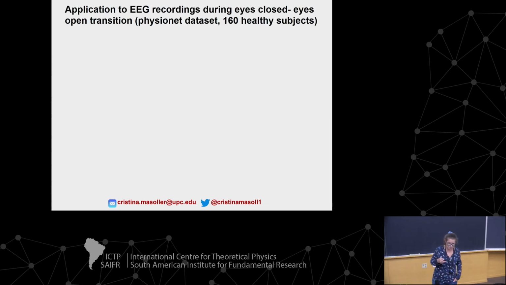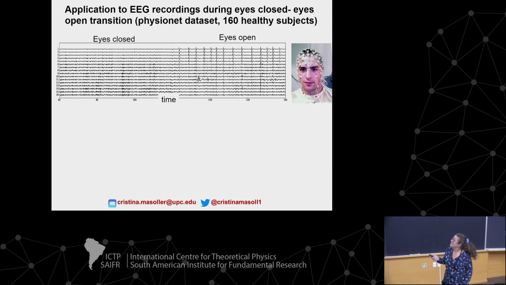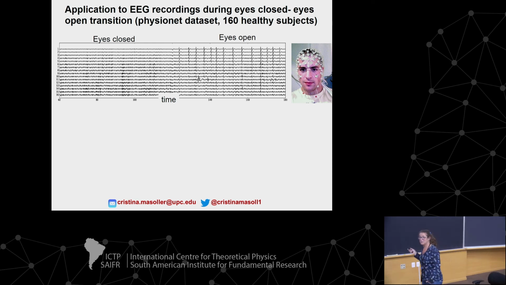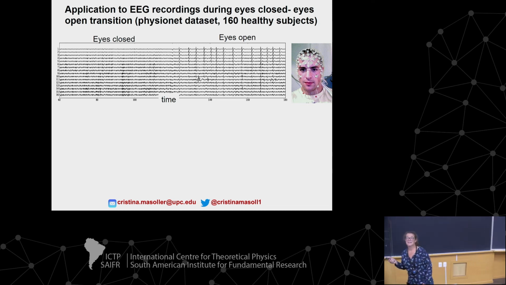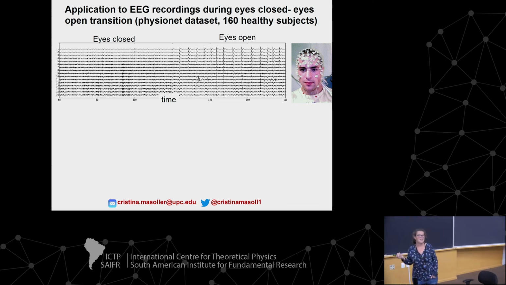You can also use this to classify. You analyze EEG signals, and at a certain point, the person opens the eyes, okay? So it has eyes closed over here, eyes open over here, and you can see there's some difference, but it's very tough to identify exactly and to differentiate the 2 states, to clearly separate these 2 states.